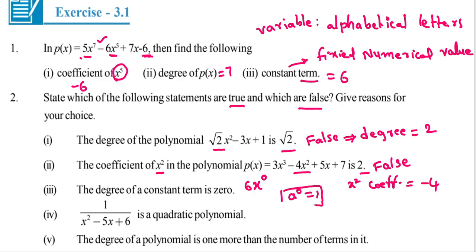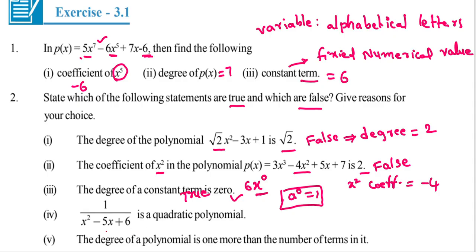So 1 into 6 is 6 only. So what is the degree here? This is 0. It is true.